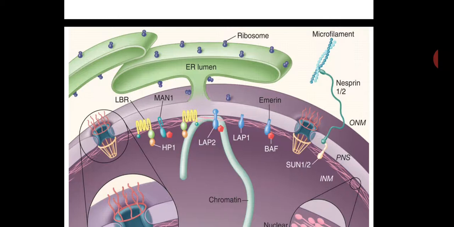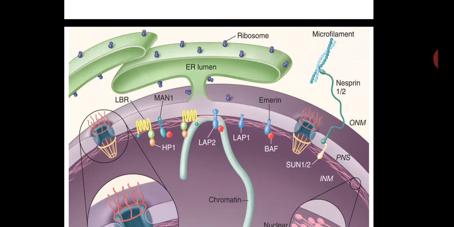Proteins up to about 60,000 molecular weight can pass through the nuclear pore complex. Macromolecules of proteins or subunits can pass through the pore complex.